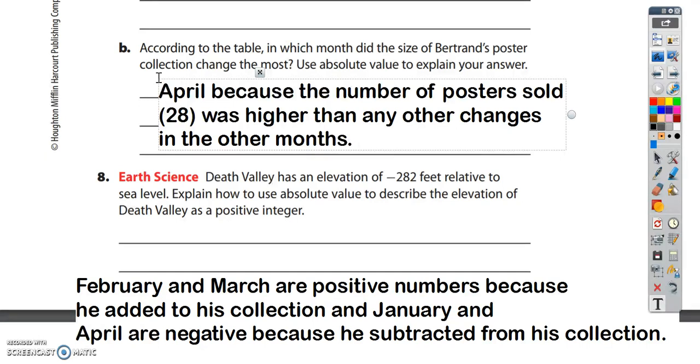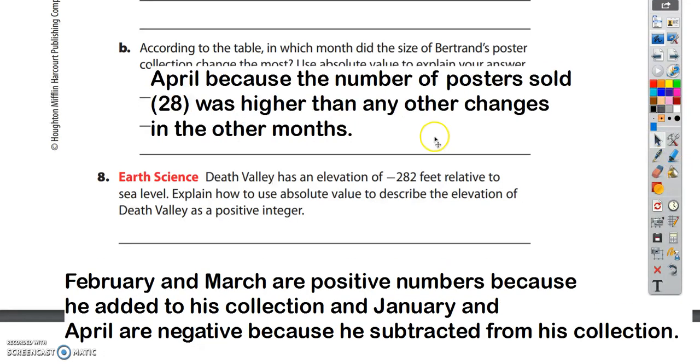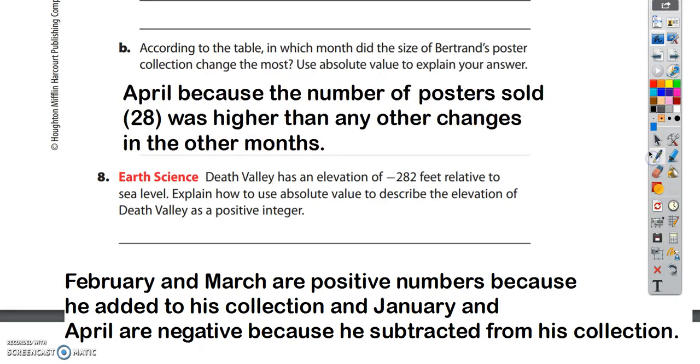And if I wanted to handwrite something on that, I could just say something like this. The absolute value of negative 28 was 28, and that was greater than any of the other numbers. That would be a decent answer for that question.